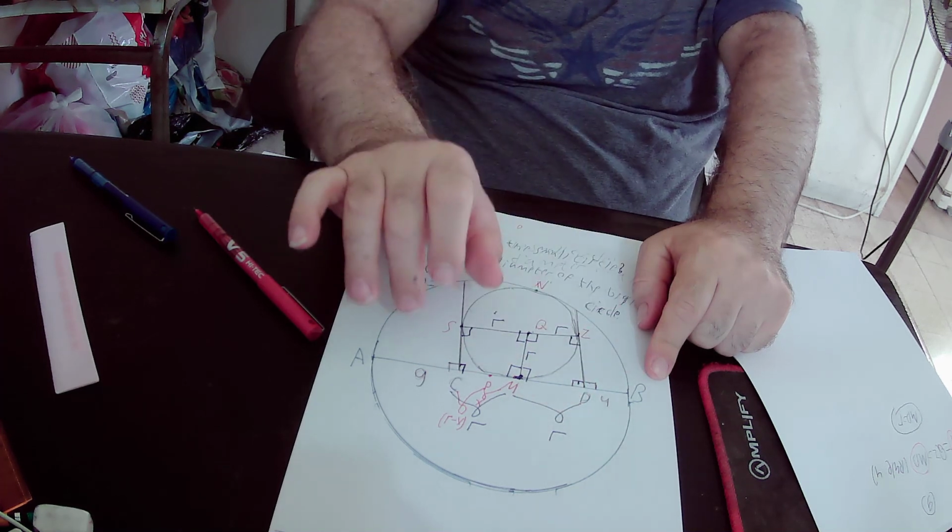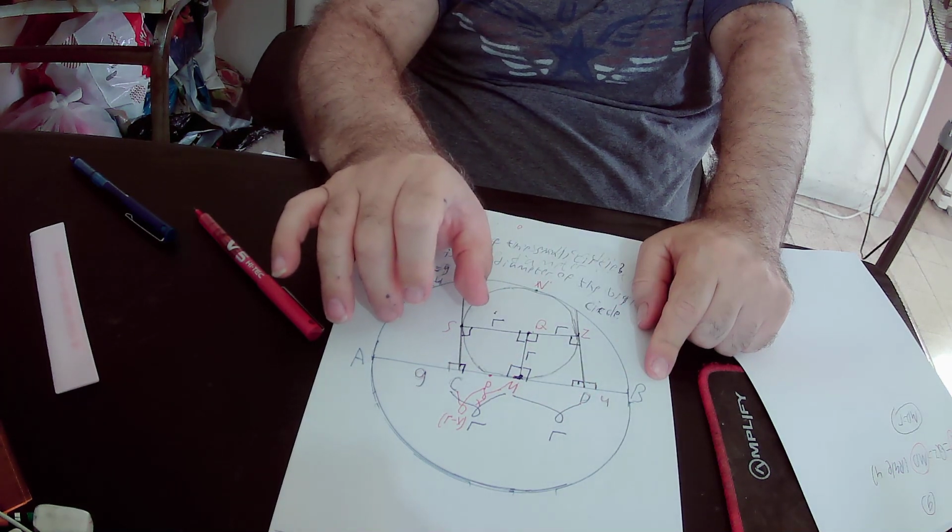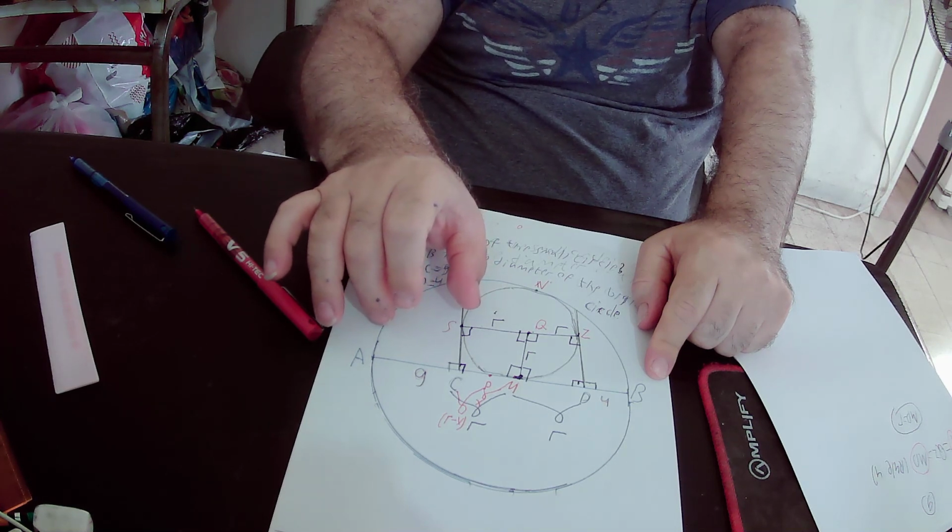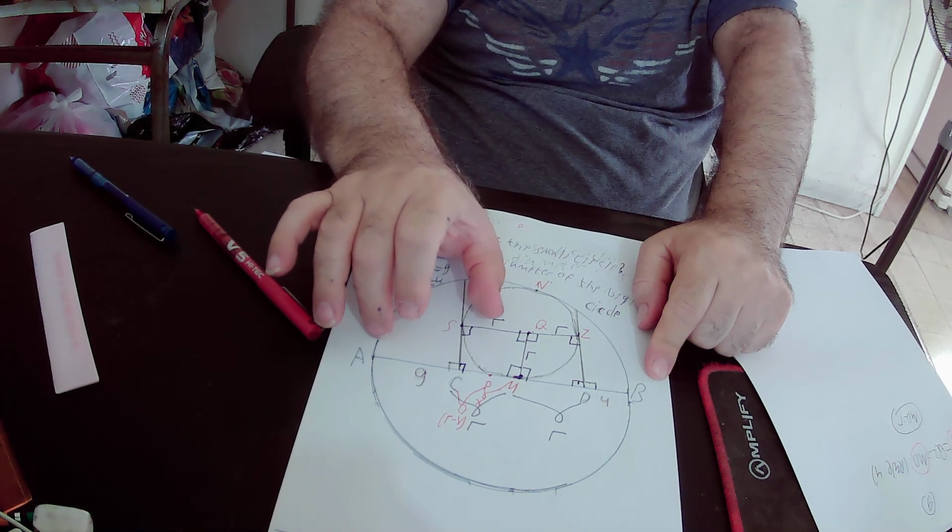Okay, so we will create two expressions for the radius of the big circle.